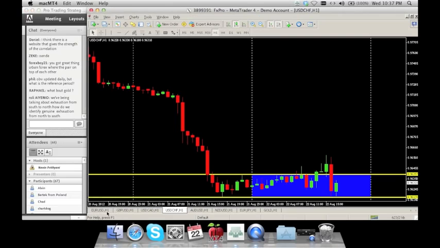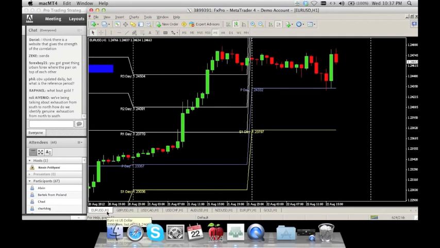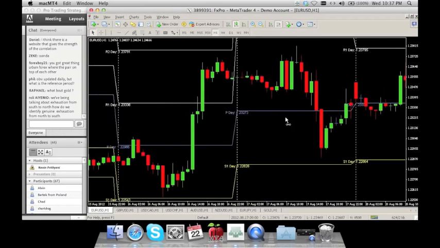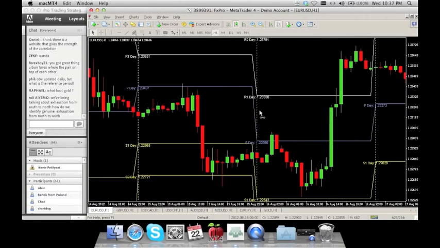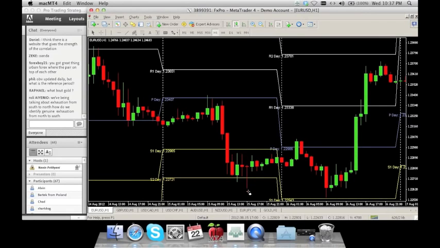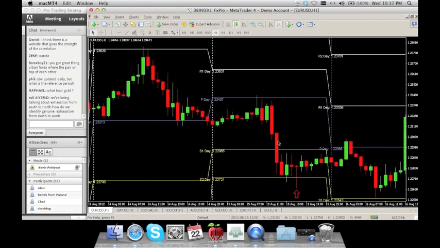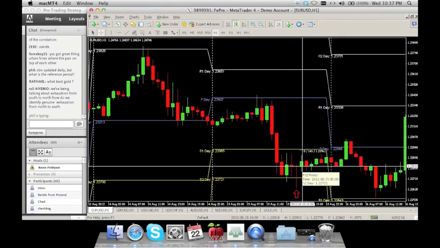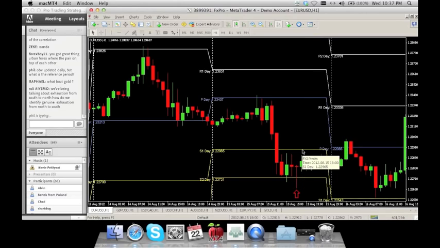Now, what do we need to do? This is the first trade that we saw, right? We saw an exhaustion, we saw it bouncing off of a support or resistance, and the market is now continuing, and you know that from here to here you have a guaranteed profit of 14 pips.